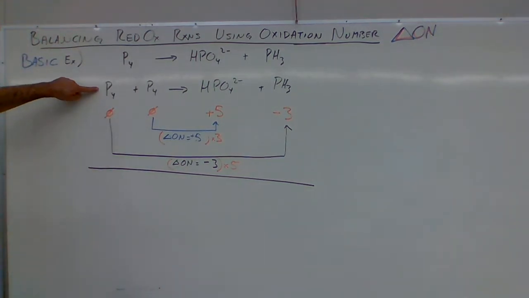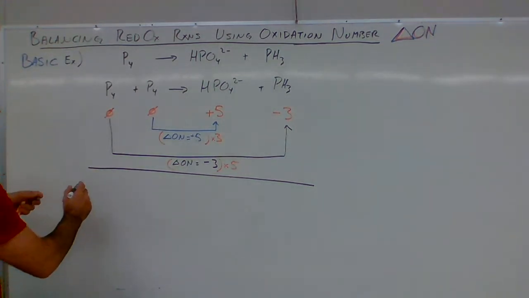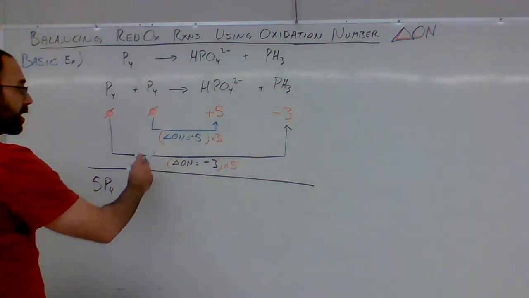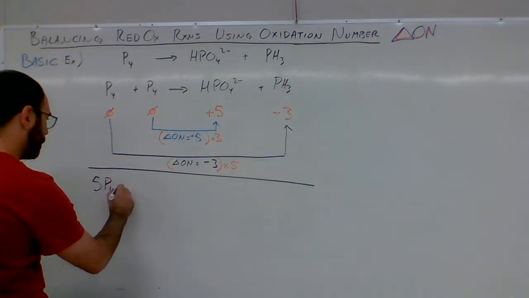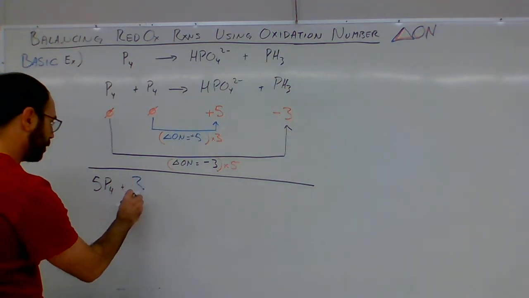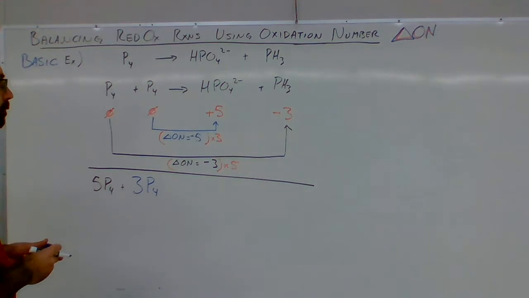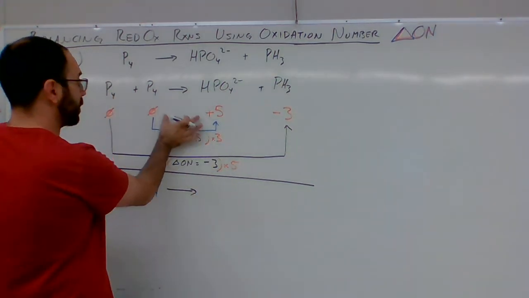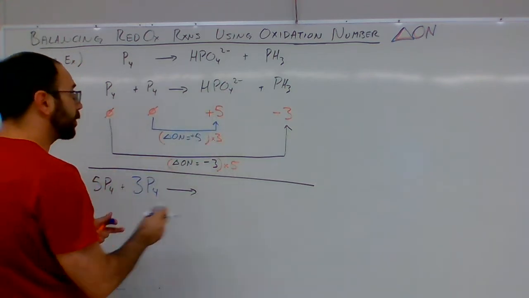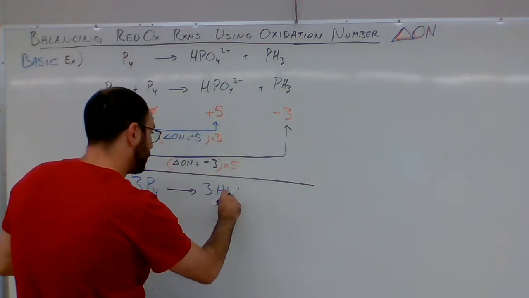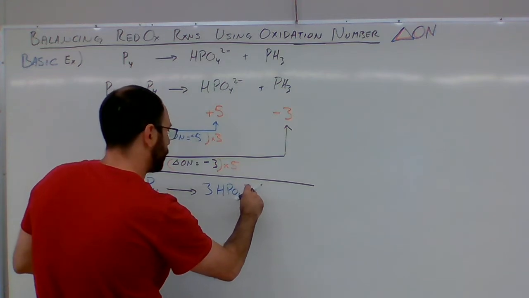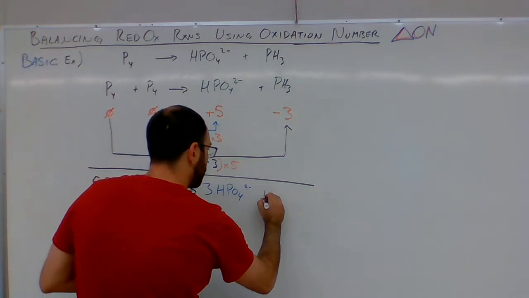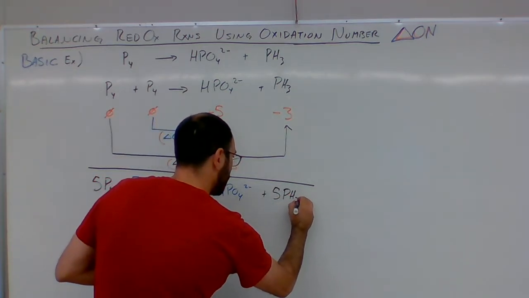Looking at this outside one, I've got 5 P4. Looking at this one inside here, I had 3 P4. Over here, this is part of this initial one where I've got times by 3, so I've got 3 HPO4 2 minus, and then this far one here is going to be +5 PH3.